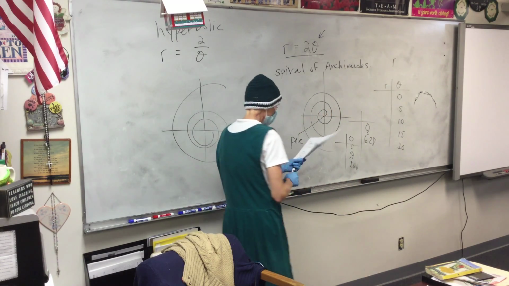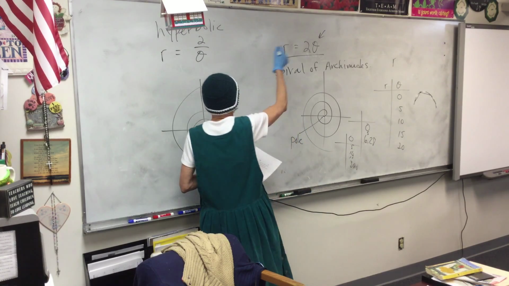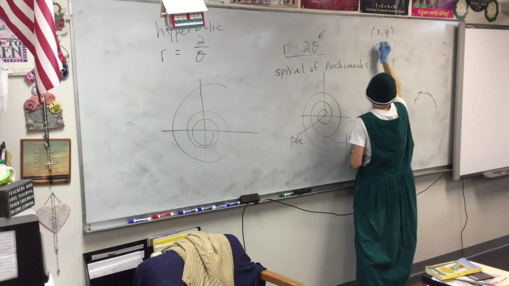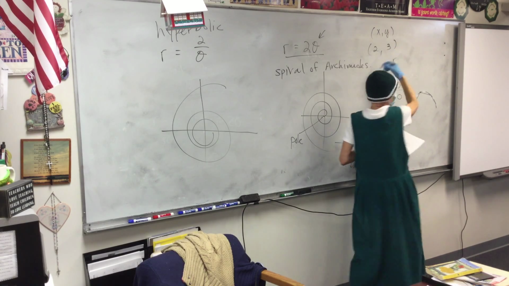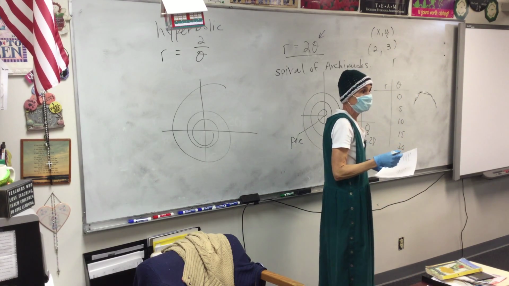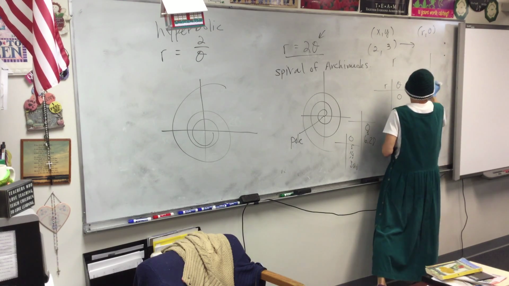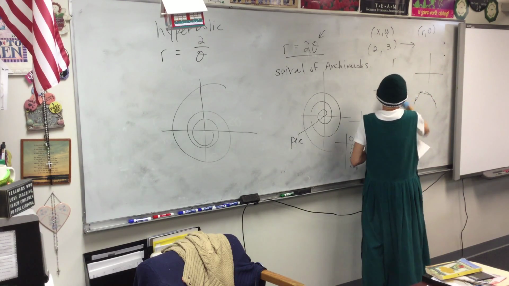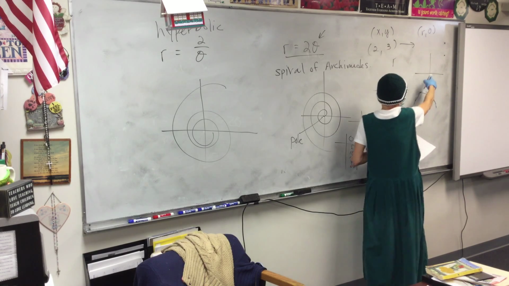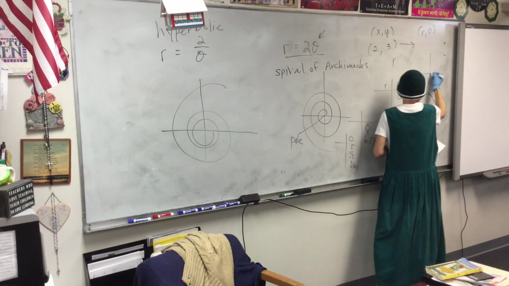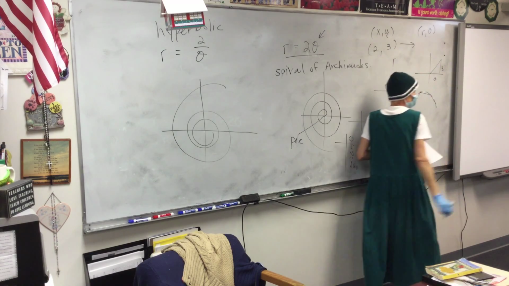In converting from rectangular to polar, think about if you had the rectangular ordered pair, which would be like 2, 3, and you were going to change that into polar coordinates. Remember what we do? I kind of gave you a hint here. It's automatic for me. What do we do every time? Draw a picture of it.